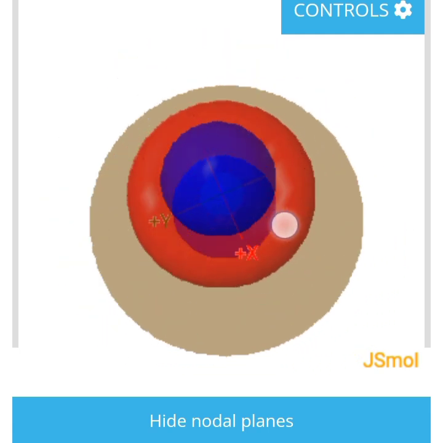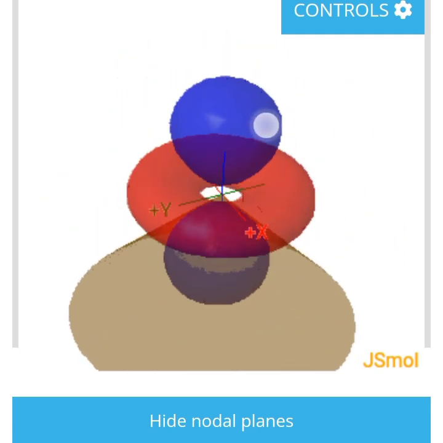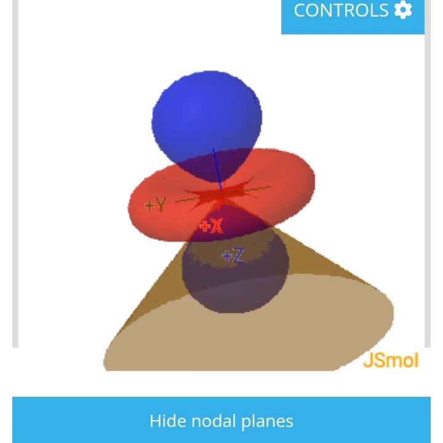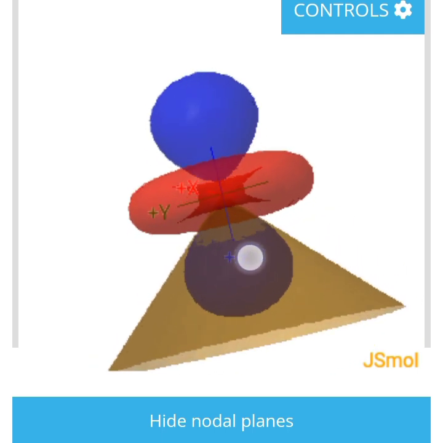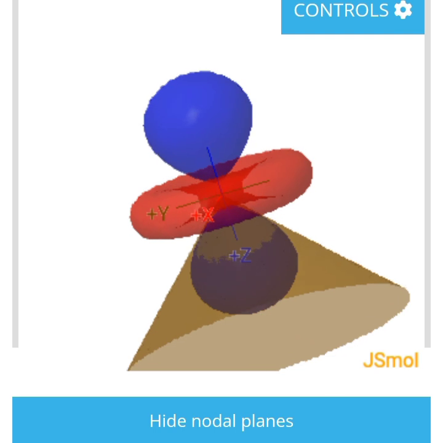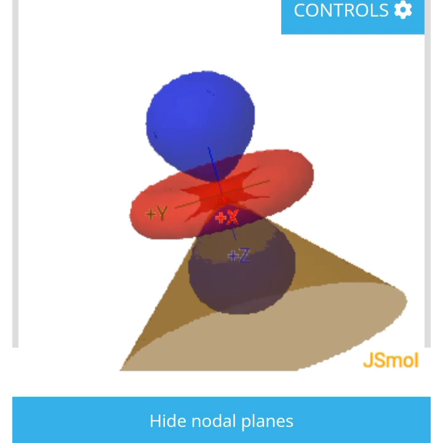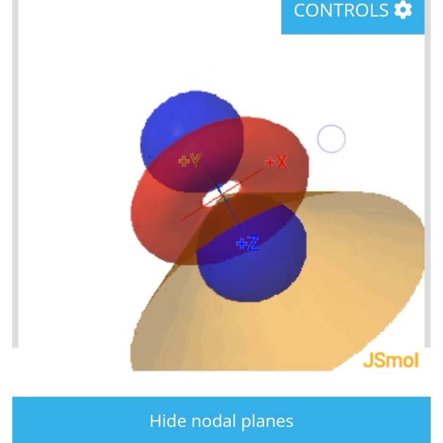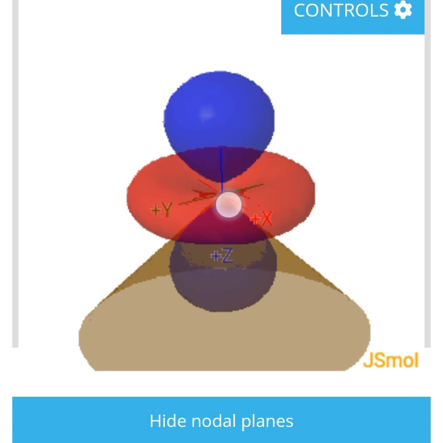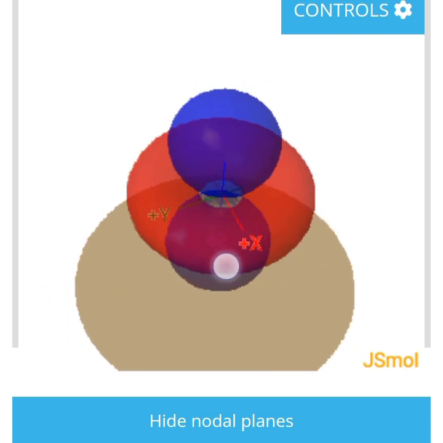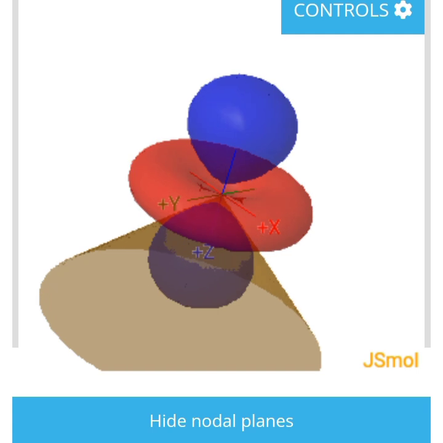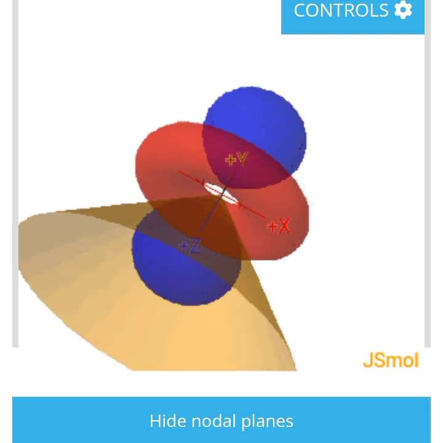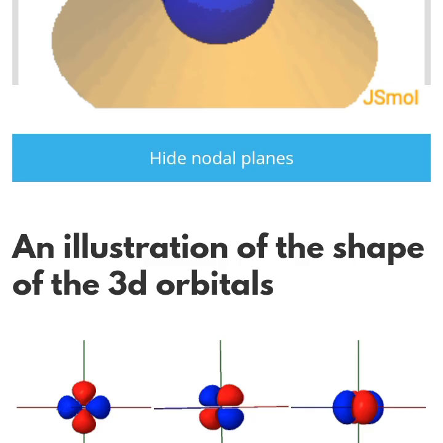So the dz square parts combined become the blue shape, and dx square minus y square combined become this red region. Two nodal planes. So this is the dz square orbital, which is the combination of two orbitals, dx square minus z square and dy square minus z square.